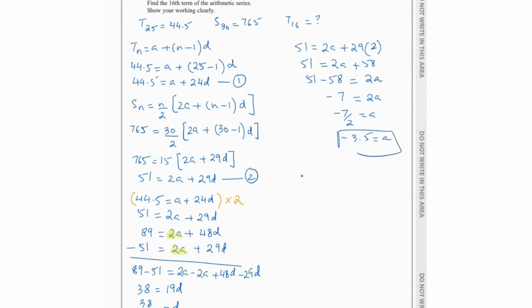That is a. So for the 16th term, it's going to be minus 3.5 plus 16 minus 1 times 2. I'm using the nth term formula because I want the 16th term. So I solve this, and that's going to be 26.5. That is your 16th term.